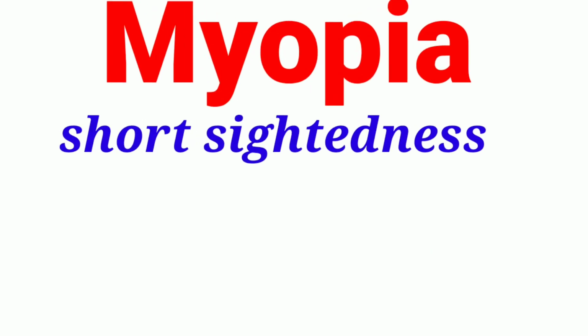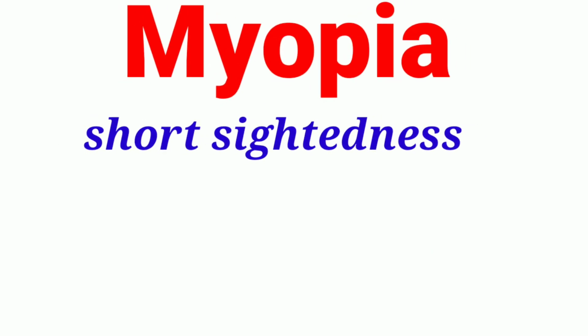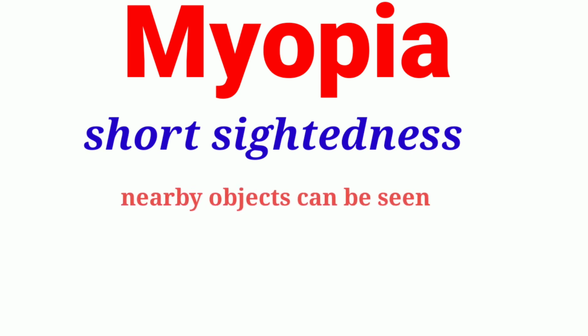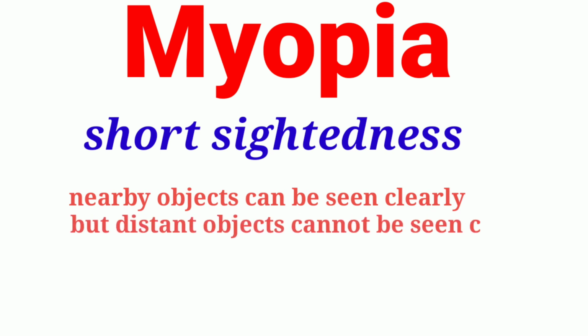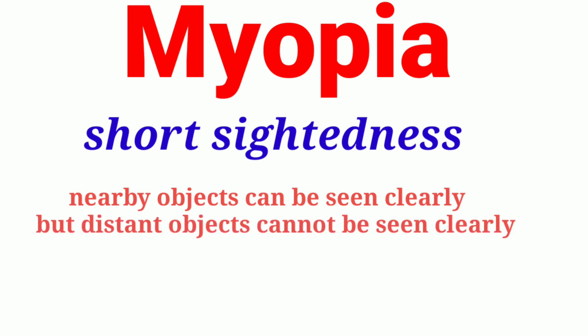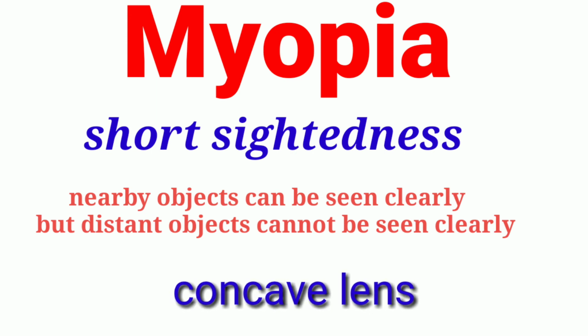Myopia is also known as short-sightedness. In this defect, nearby objects can be seen clearly, but distant objects cannot be seen clearly. This defect can be corrected using a concave lens. Next is the topic hypermetropia.